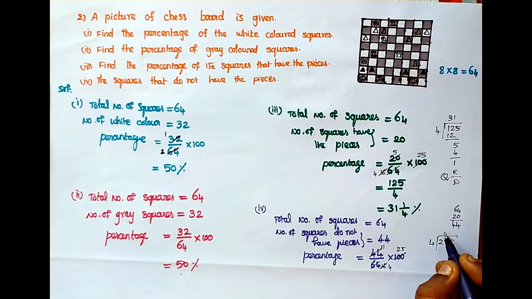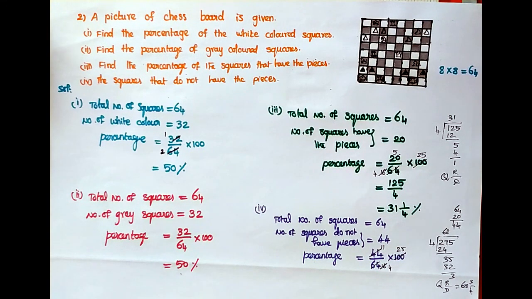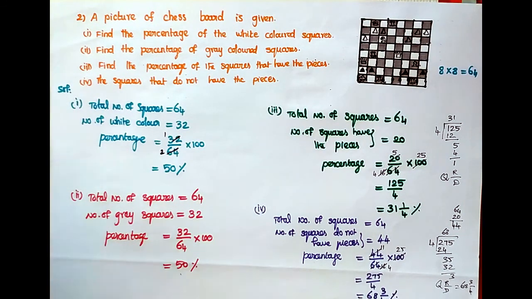So 6 fours are 24, balance 3, 35. 8 fours are 32, balance 3. So the quotient is 68, remainder by divisor, 3 by 4. So 275 by 4 is equal to 68 3 by 4 percentage. So that is the answer.